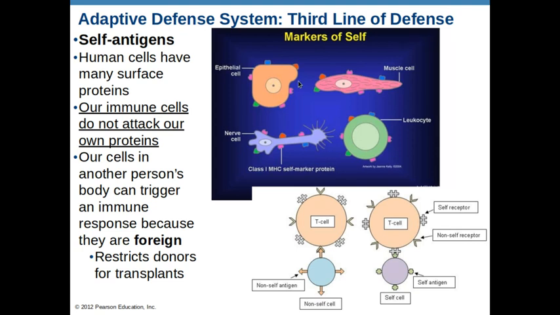On our epithelial cells, on our nerve cells, we have these self markers saying, this is me. And so our immune system trains our T cells and B cells to identify us, so that when something else comes in that is not us or not self, that's when the immune system kicks into action.